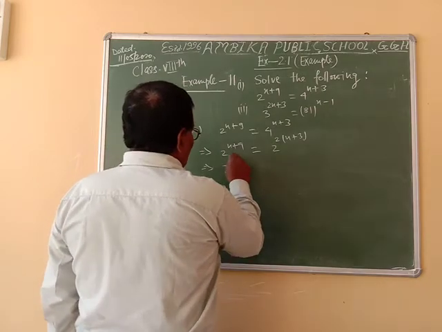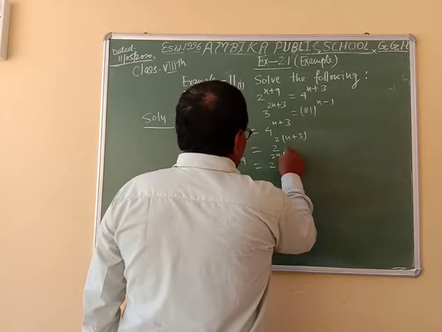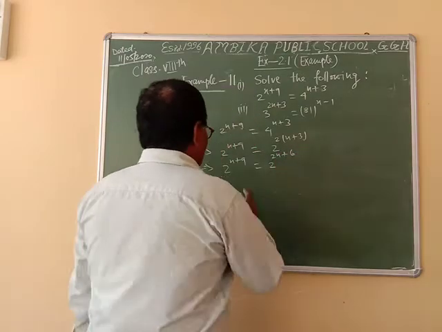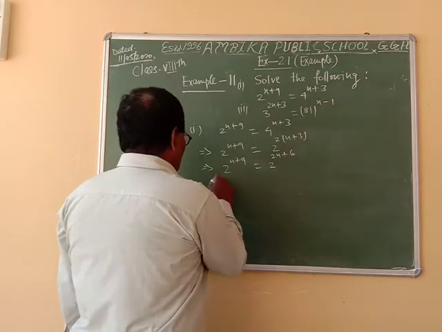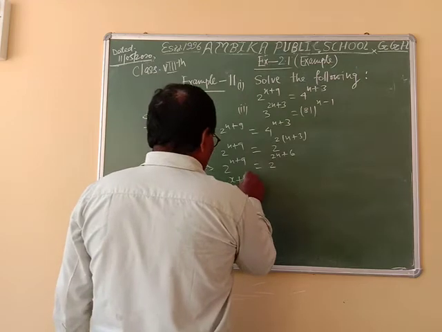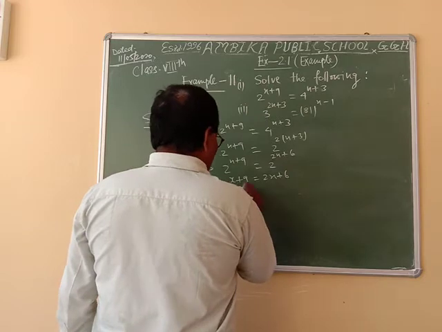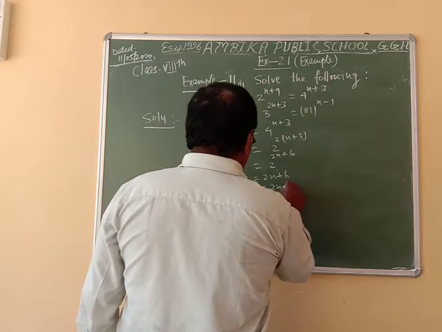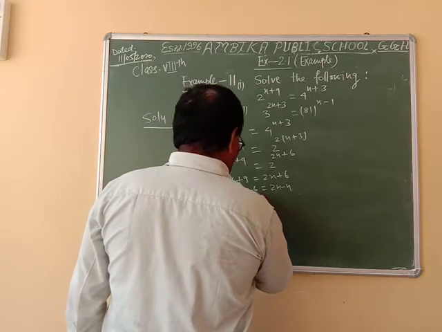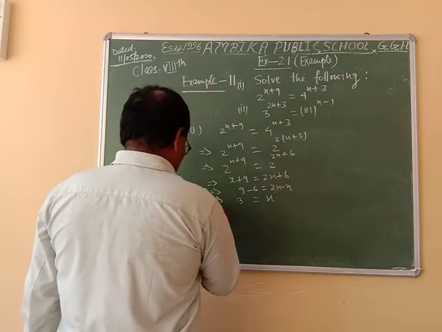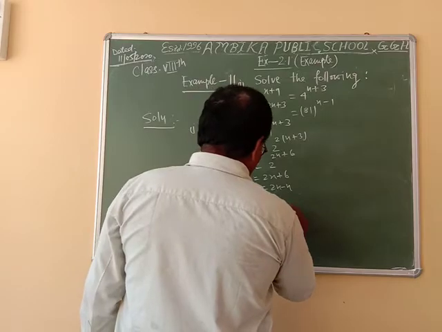So 2^(x+9) is equal to 2^(2x+6). Here both bases are equal, so x plus 9 is equal to 2x plus 6. 9 minus 6 is equal to 2x minus x, so 3 is equal to x. Hence, the value of x is equal to 3. Answer.